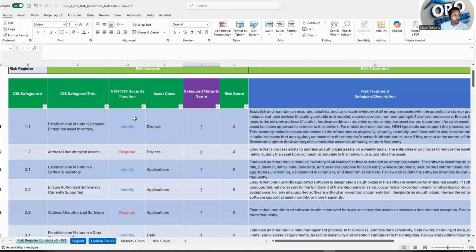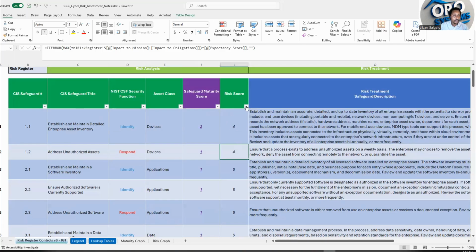Based on what the company does with this control, a safeguard maturity score is given. Whoever assesses the risk has to decide. So let's say we give them 2, the risk score is 4.